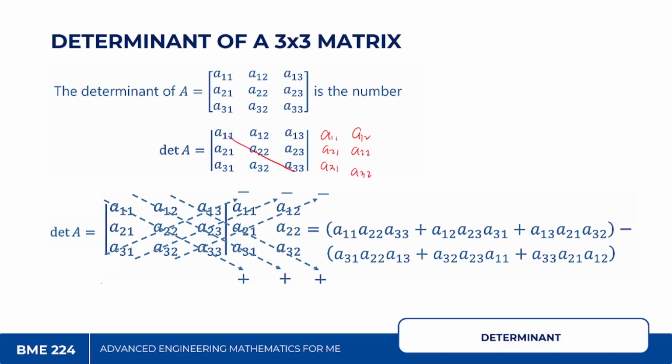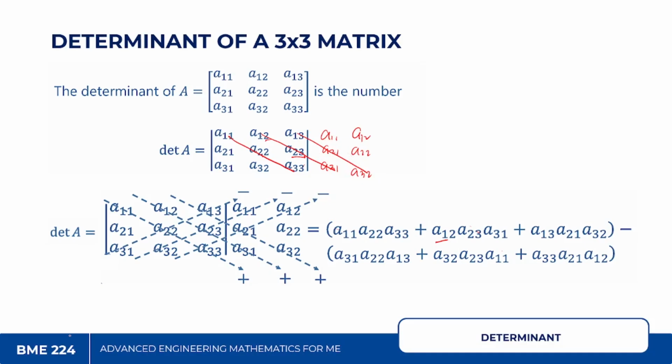This is the first diagonal, you add it with the product of this diagonal, and you add it with the product of this diagonal. So A sub 1,1 times A sub 2,2 times A sub 3,3, plus A sub 1,2, A sub 2,3, and A sub 3,1, plus A sub 1,3, A sub 2,1, and A sub 3,2.